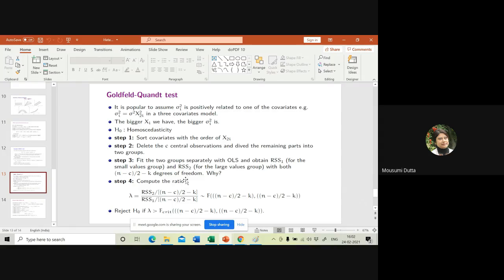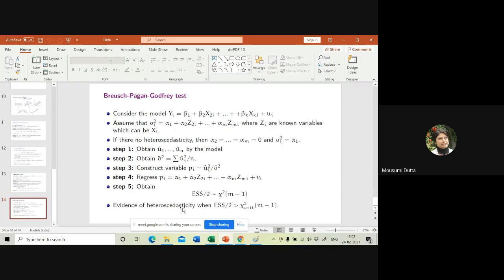From that information, you need to calculate the RSS value, and finally you need to set up your F. So you may expect this kind of problem. Here also, the information will be such that you can calculate the ESS value. Once you get this ESS value, you will be able to compare it with the tabular value, and you will be able to conclude whether there is heteroscedasticity or not.